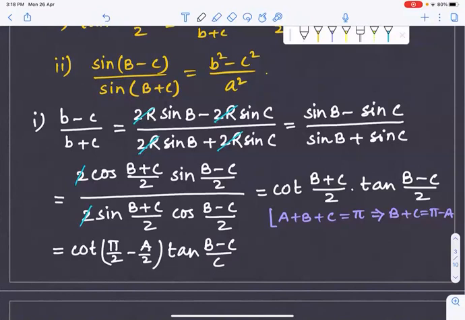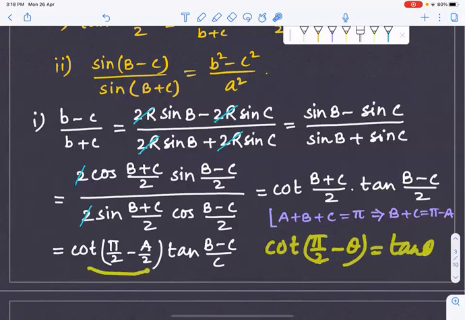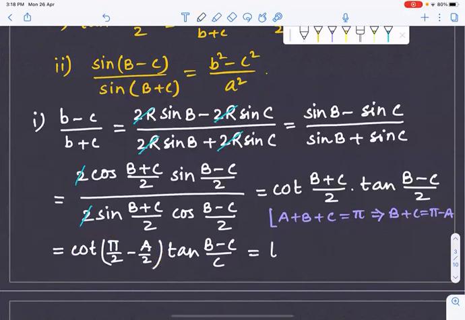Cot of 90 degree minus theta is nothing but tan theta. So I am now going to write this as tan theta. So this is equal to tan of a by 2 into tan of b minus c by 2.